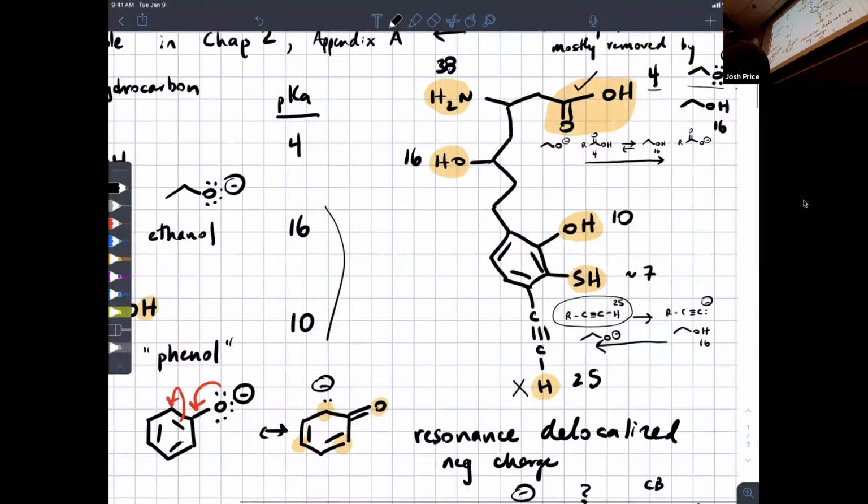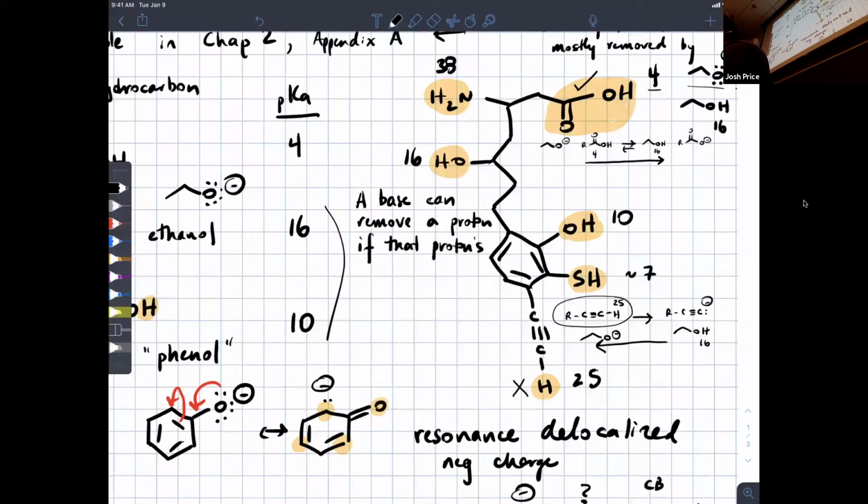So let's try it again. A base can remove a proton if that proton's pKa is less than the pKa of the base's conjugate acid.